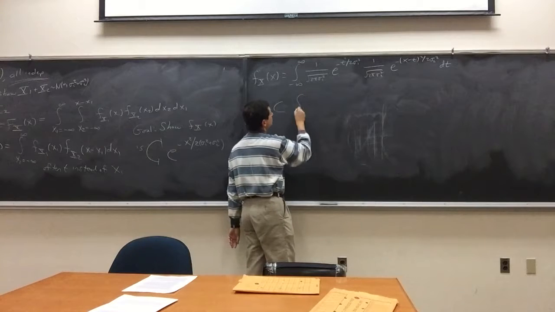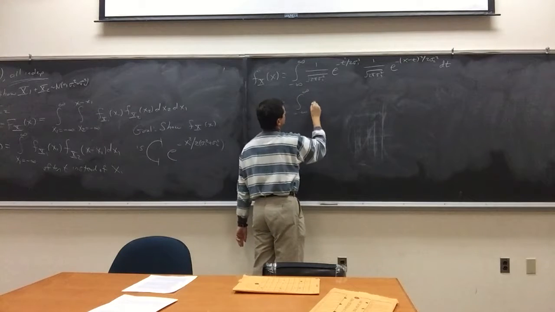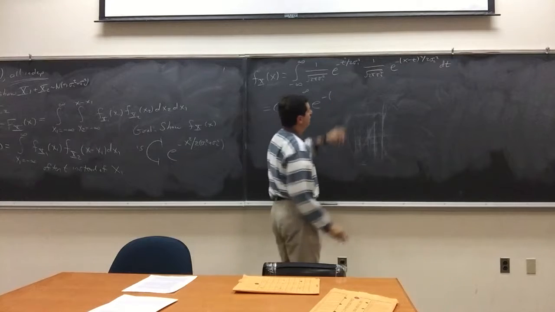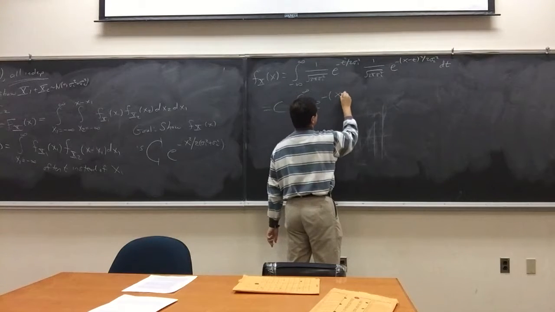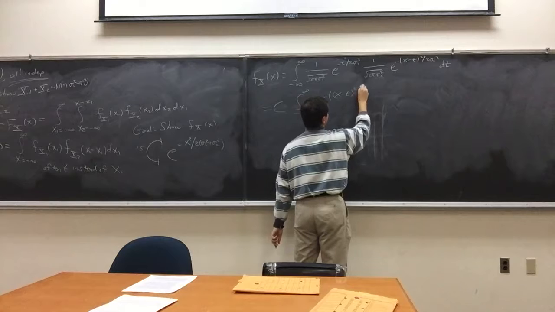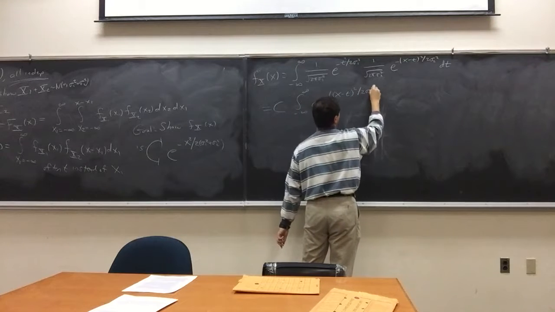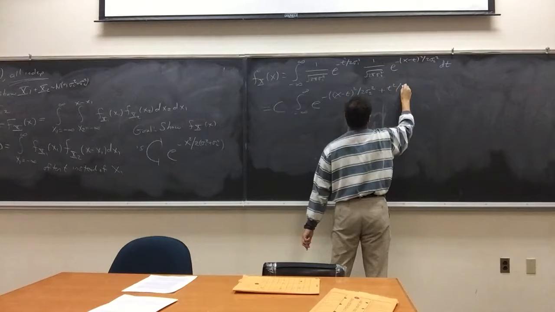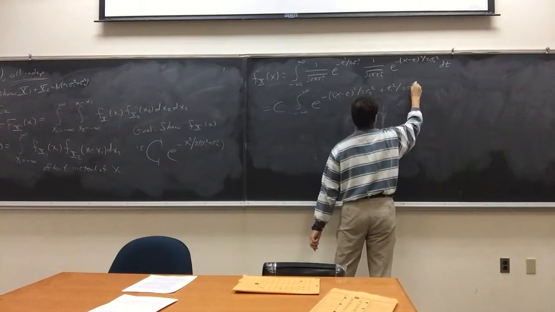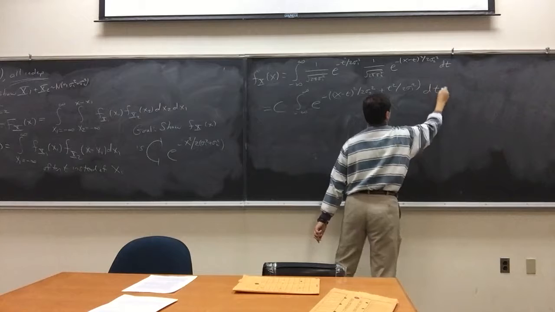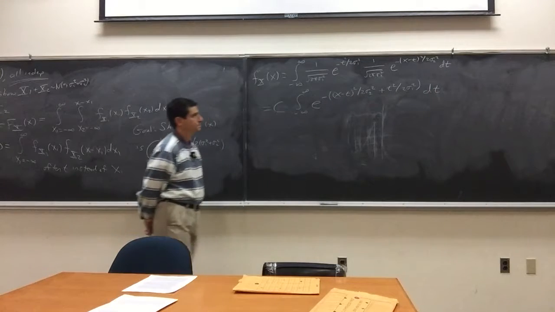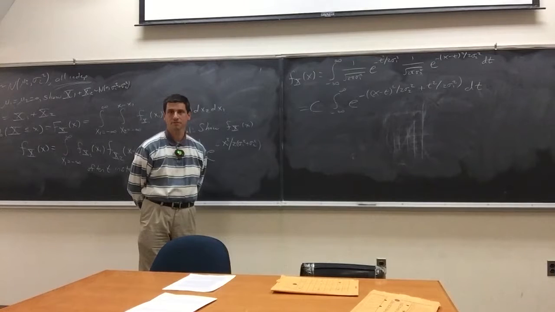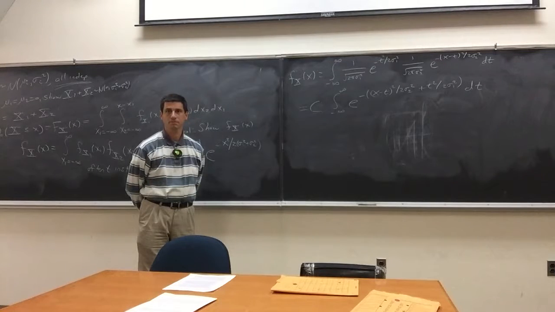So I have the integral from minus infinity to infinity of e to the negative, and now let's see what we have: x minus t squared over 2 sigma 2 squared plus t squared over 2 sigma 1 squared, dt. And we need to do this integral with respect to t.